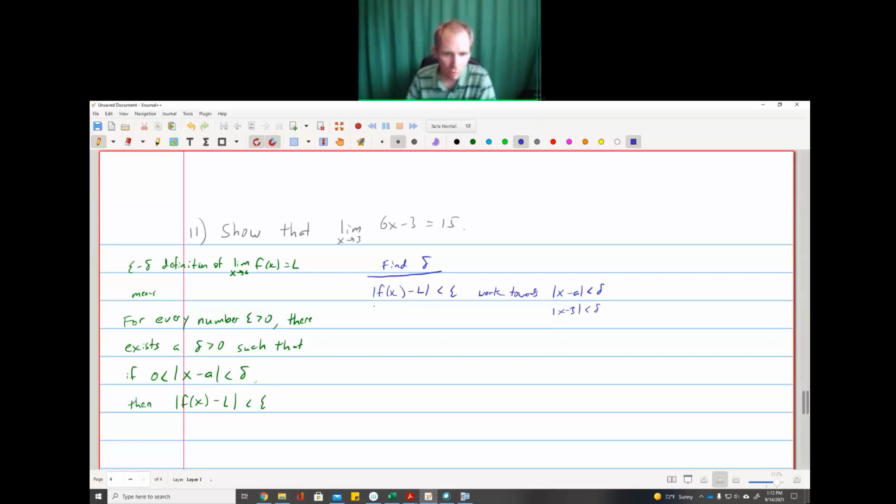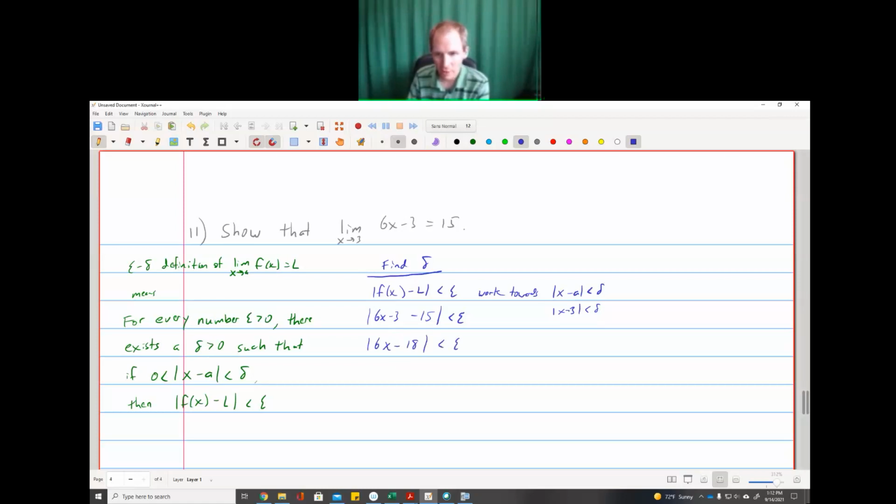All right, so f of x is 6x minus 3. L is 15. So I have the absolute value of 6x minus 3 minus 15 less than epsilon. Let's just do some simplifying. Negative 3 minus 15 is negative 18.